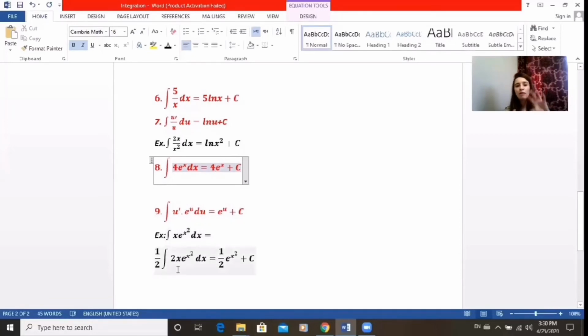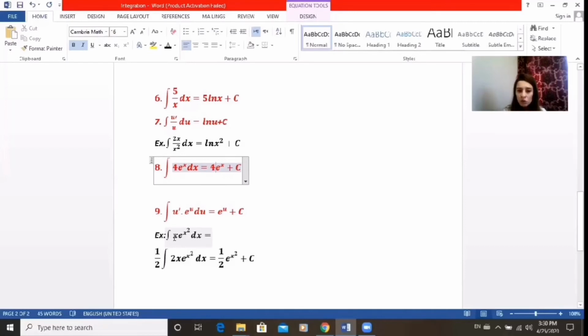When you have something multiplied by e to the power something, directly think of u prime dot e to the power u. So what is u? It's x squared. What is the derivative of x squared? It's 2x. But here I have just x. It's easy, I don't have any problem. If u is x squared and the derivative is going to be 2x, and you have just x, you can easily add the number.